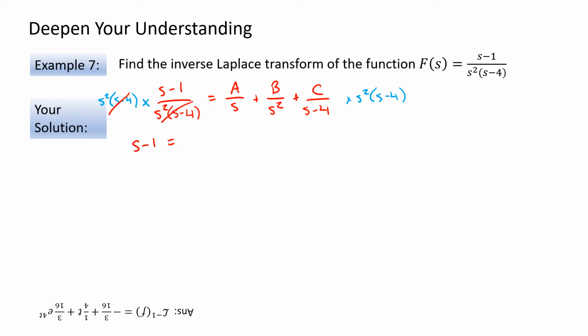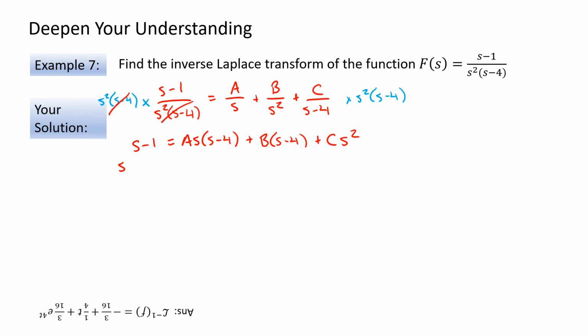On the right-hand side, for the first term, just one of the s's will cancel, meaning we have a times s minus 4. For the b term, the s squared term entirely will cancel, so we're left with b times s minus 4. And for the last term, just the s minus 4 cancels, so we're left with c times s squared.